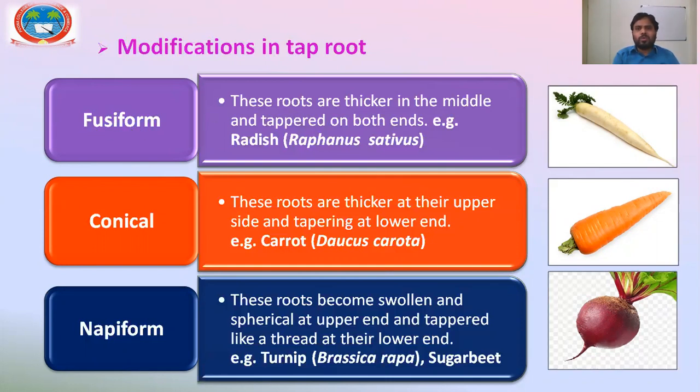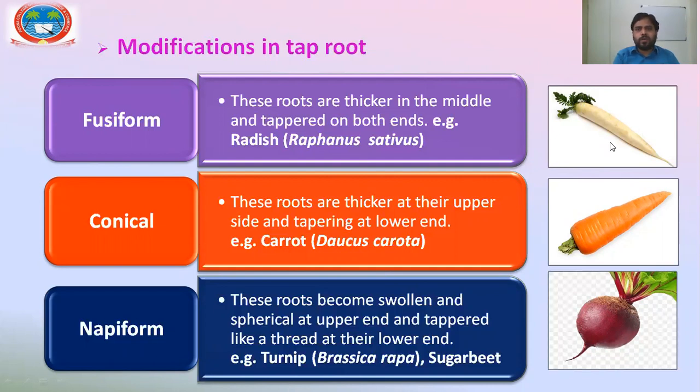Fusiform roots are those where the base and the tip of the root taper, while the middle portion of the root is swollen.